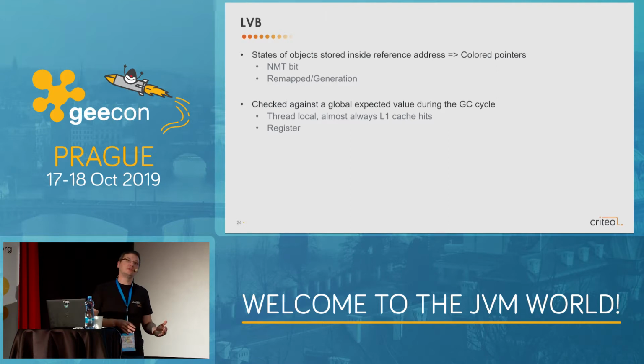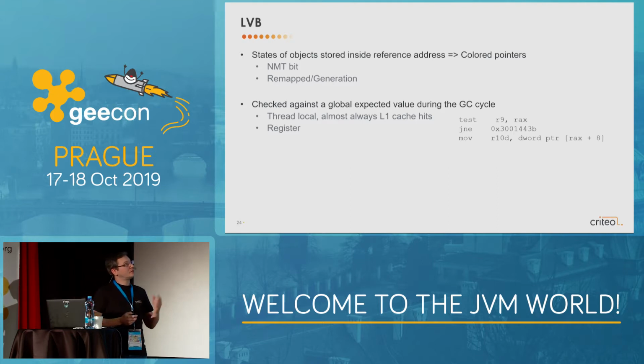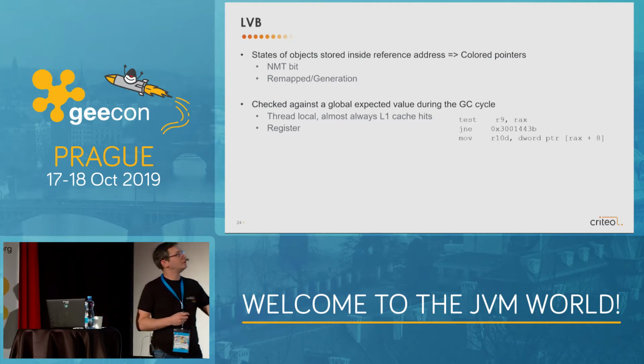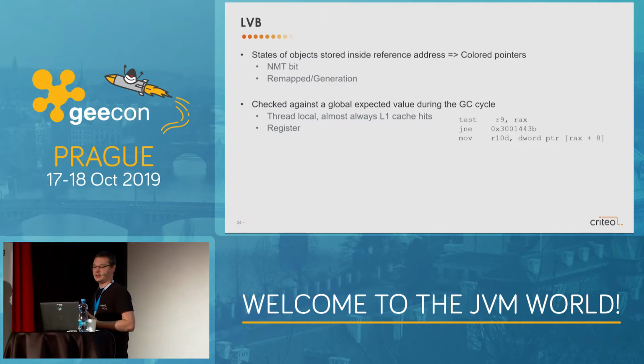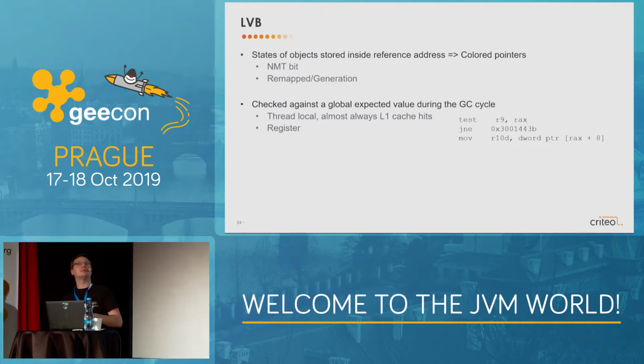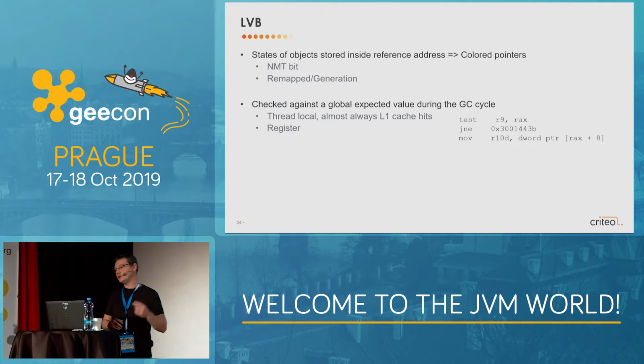At first it was thread local, and then they changed to a register, so they have a dedicated register to store this global state. So they just have to test the current reference address against this dedicated register. So we lose a register, but at least we don't pay the cost of a memory access, even if it is L1. So this is the read barrier, the LVB test barrier.